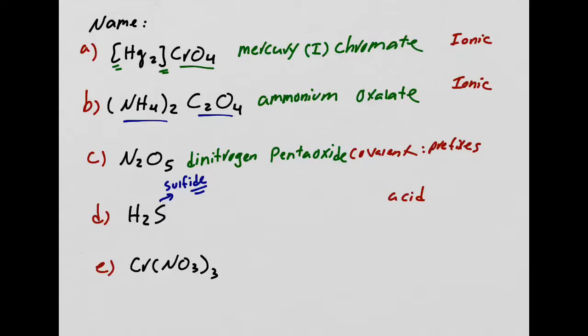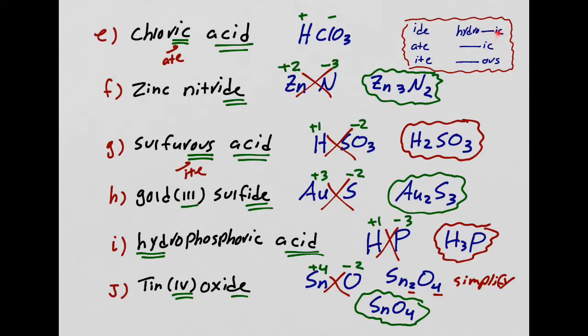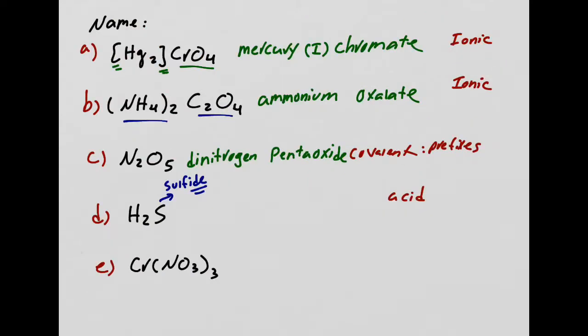This is from a periodic table. The ending changes to ide. So if my ending is ide, I'm going to become hydro. So what is this one? This is hydrosulfuric acid. Again, because S is a simple ion from the periodic table, it is ide. Ide becomes hydro-ic acid, hydrosulfuric acid.